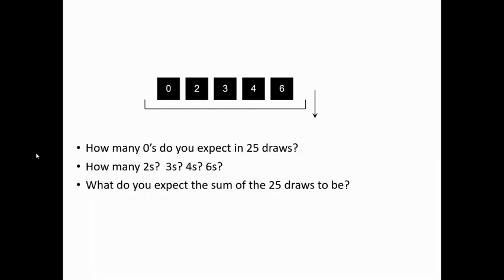Exactly, right? So you're like, okay, this is the probability of getting a 0. This is how many draws we're doing, so we should expect 5. Great thinking. What about 2s? 3s? 4s? 6s? They're all the same. So you would expect about 5 of each.